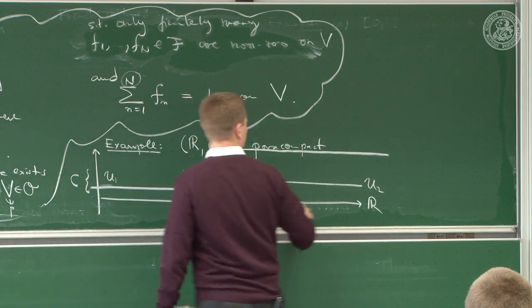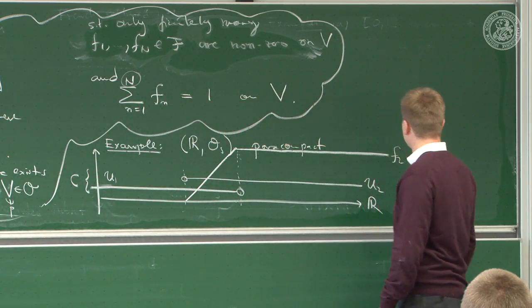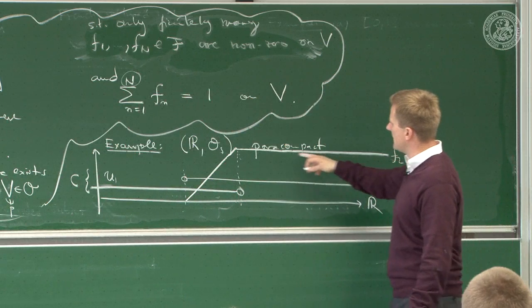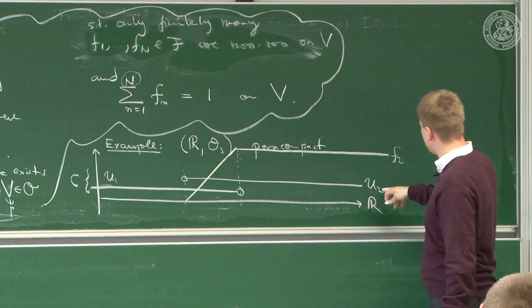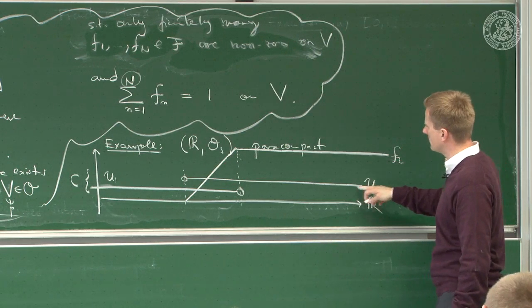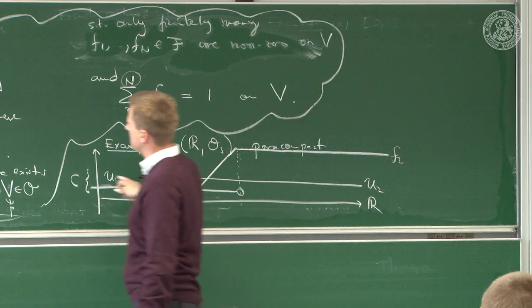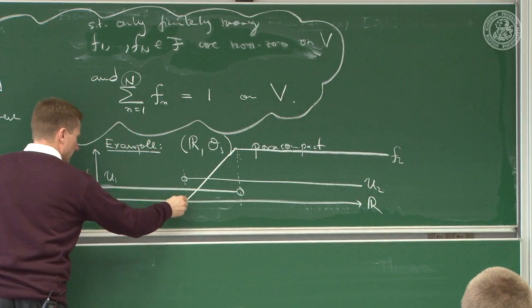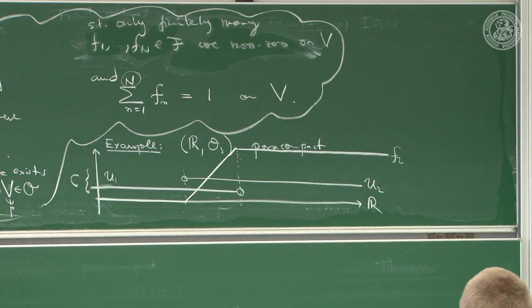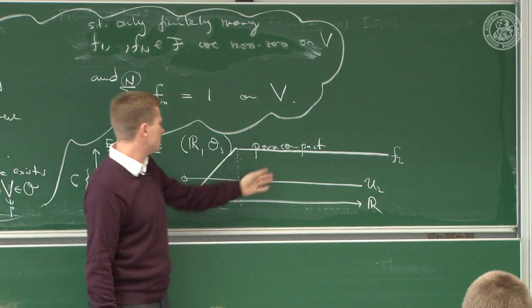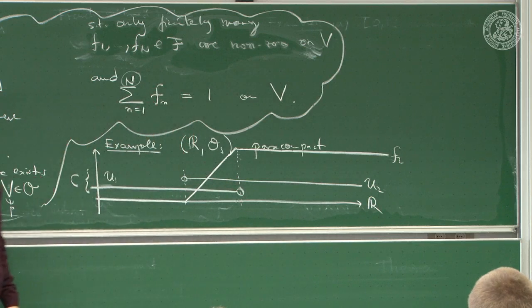And this would be function f2. And you see, for this f2, there is a set U2 such that f2 is 0 here. For this f, there is a U such that if f is non-equal to 0, at those points, you are in U2. Is that clear?